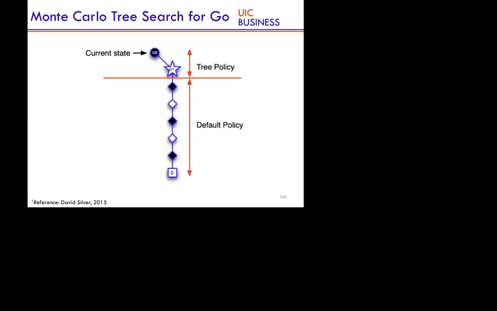And again, maybe that state is on the boundary of the in-tree. Then again, I'll just have to do a random rollout, using the default policy to go to the end of the game. And again, maybe here I see a 0, then I go all the way back up.